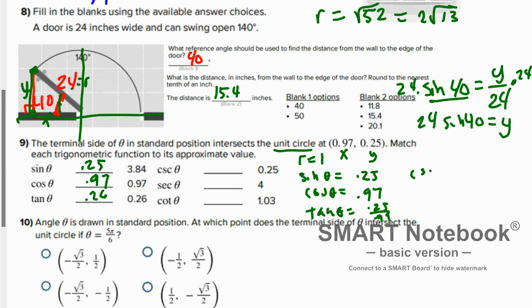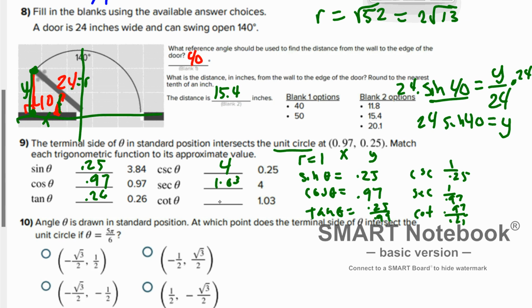So cosecant would be 1 over 0.25, secant would be 1 over 0.97, and cotangent would be 0.97 over 0.25. 1 over 0.25 is just 4, because 0.25 is a quarter. Then 1 divided by 0.97 is 1.03.